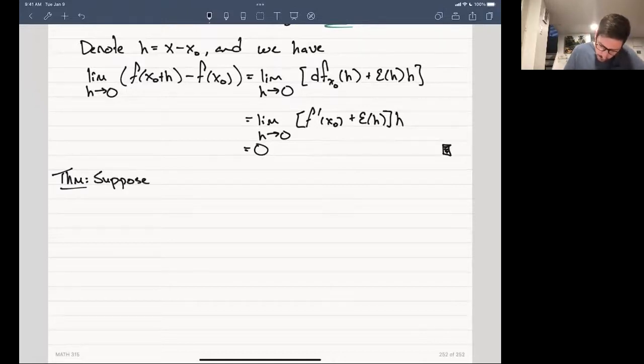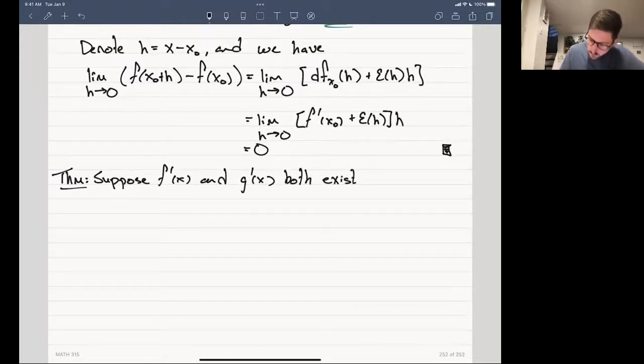So let's say, suppose f prime of x and g prime of x both exist. Okay, so I can take derivatives of these functions. Well, then I'm going to give you a list of all of the things that you've seen a million times.